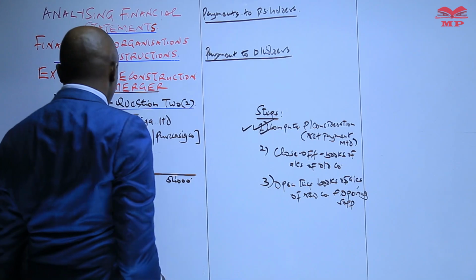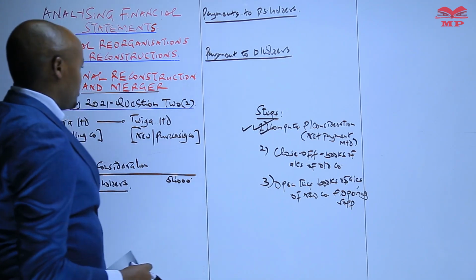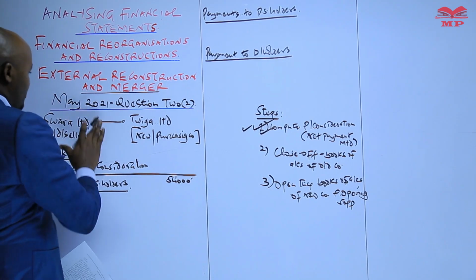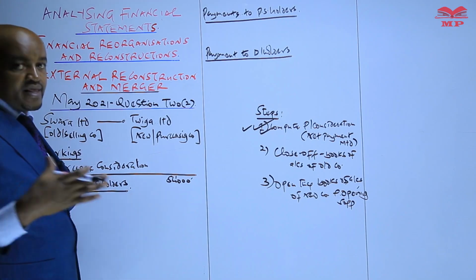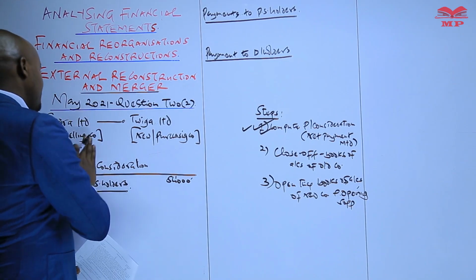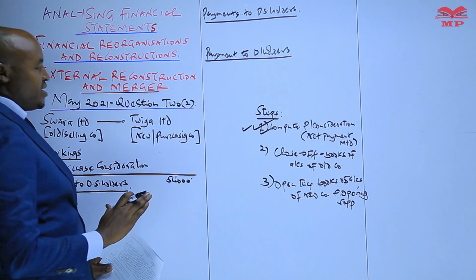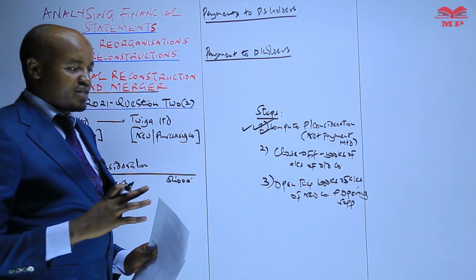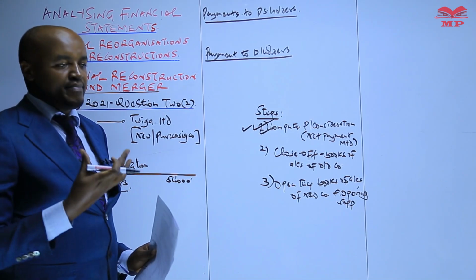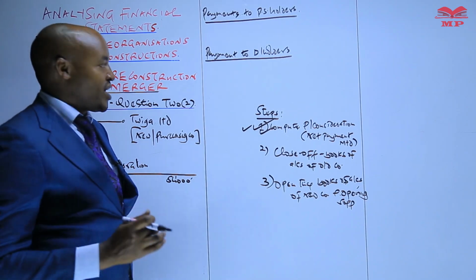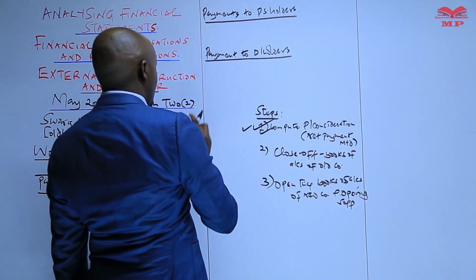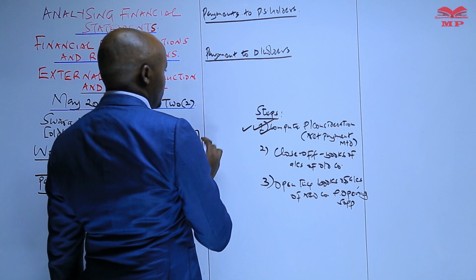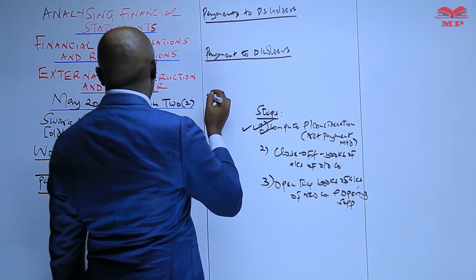And equally, after adding all this, in most cases you'll be told that there was some liquidation cost which was incurred by the old company, but that liquidation cost was paid by the new company. Anytime you're given such information, the cost incurred by the old company but paid by the new company is also considered to be part of the purchase consideration.